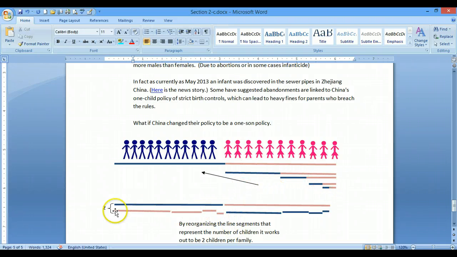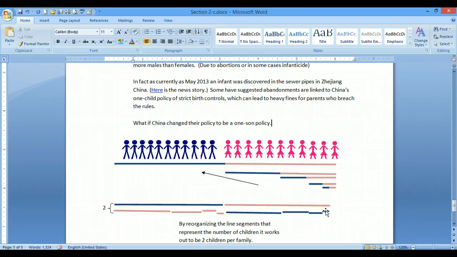There we go. It all lines up to match perfectly. Same with this side. If I rearrange the blues and just slide those up and compare, it ends up being that there's only two children at every point here. And that's exactly how it averages out.